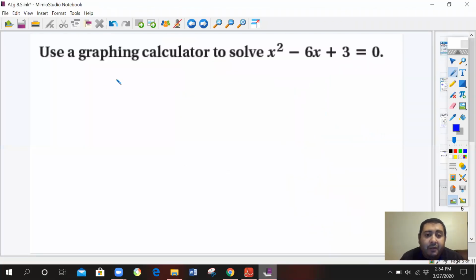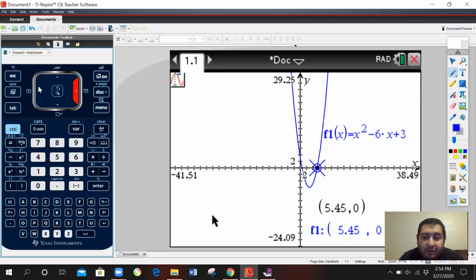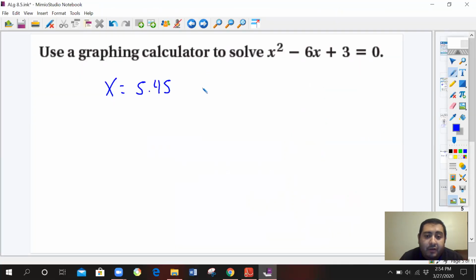So here you have x equals 5.45. And then your other location, if you move it to the other side, it's at 0.551. So here we put x equals 0.551.